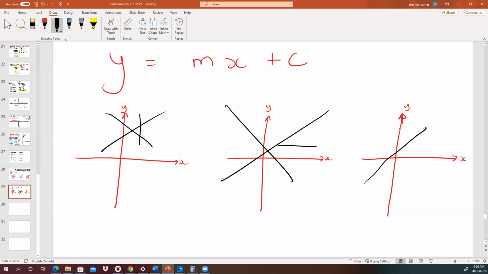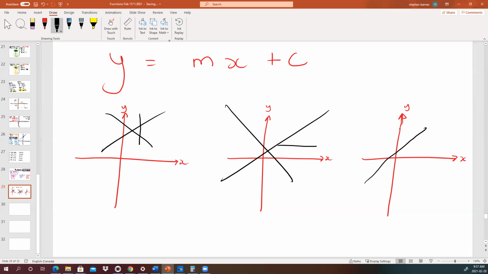It's only if your line is not parallel to the x-axis, meaning it slants in some way, right? And it's kind of obvious, because if it's not slanted, your gradient will be equal to 0, and then you can't use this formula anyhow, right?